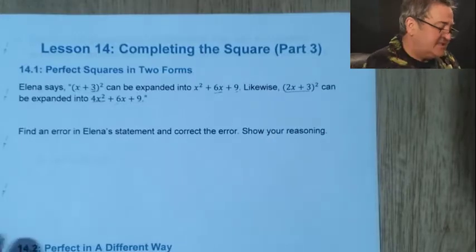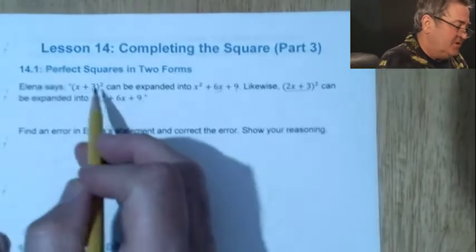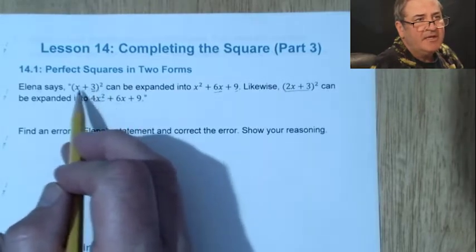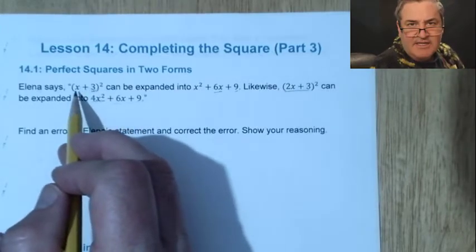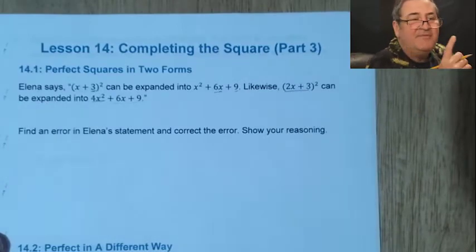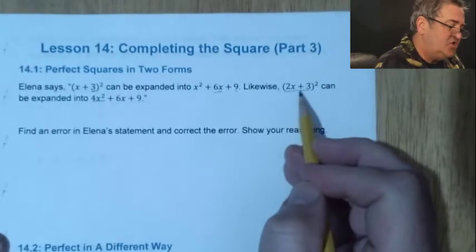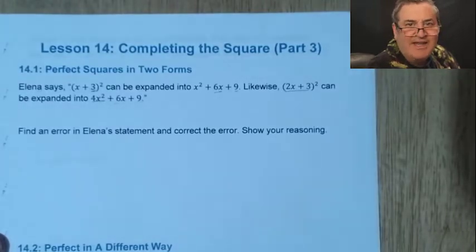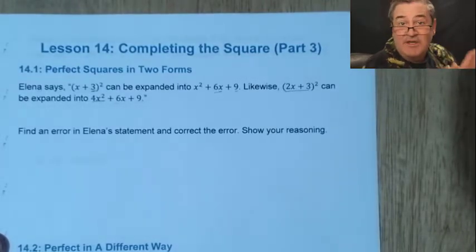When we get that 6x in the middle, we're doubling that 3, but basically it's because we're taking 3 times x. So we have a 3 times x and another 3 times x, and we're making a 6x. But if that's not x, and it's now 2x, we're really taking 3 times 2x and adding that to another 3 times 2x.